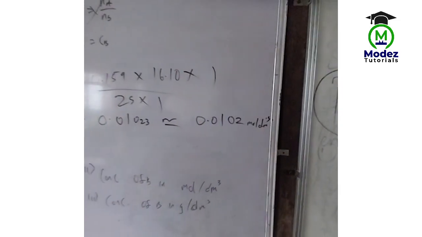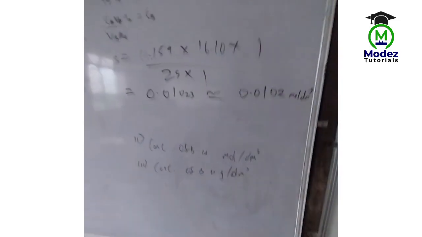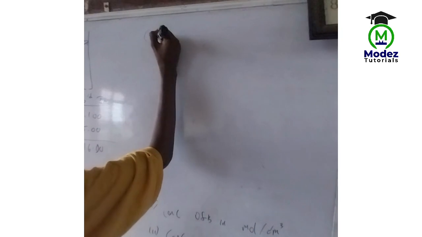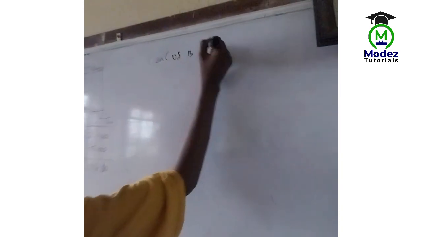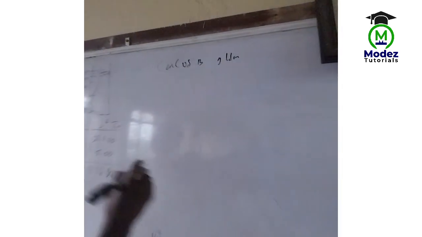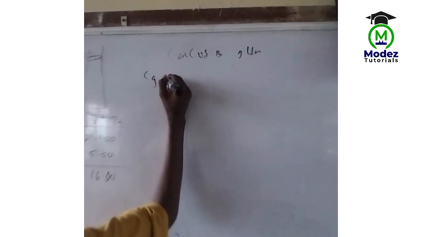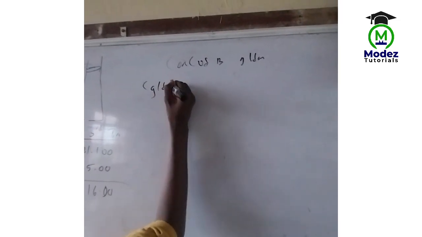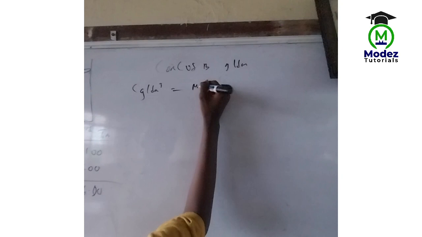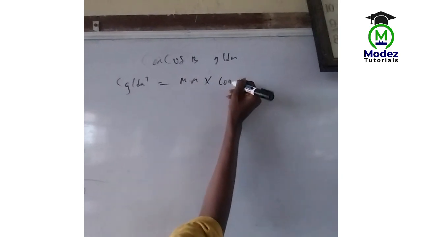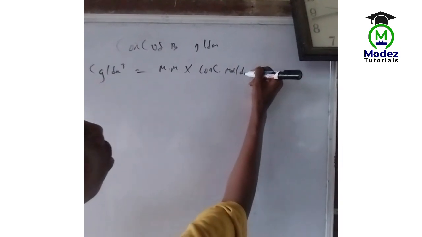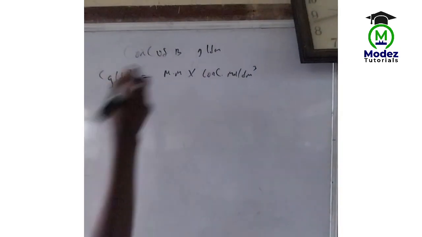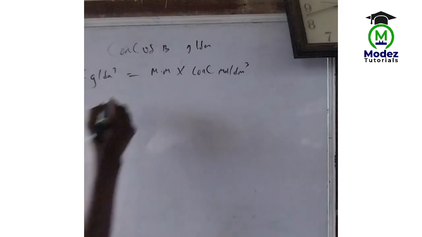So now let's go to the concentration in grams. Calculate the concentration of B in gram per dm³. Remember that formula: concentration in gram per dm³ equals molar mass times concentration in mole per dm³.